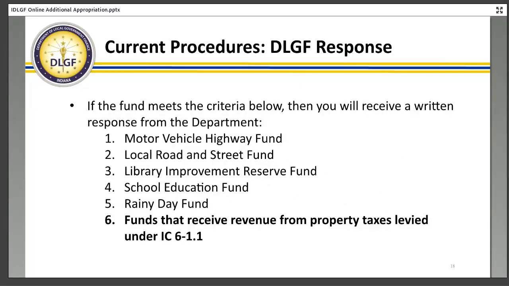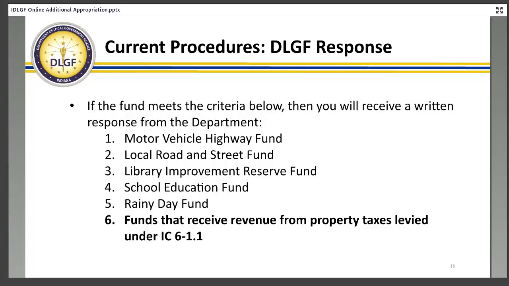And so we mentioned before that we would be looking at the way that the department treats funds 3 times. Earlier we looked at it from where you can find the appropriation. On number 2, we're going to look at it in terms of how the department determines how to respond to an additional appropriation. And so if your fund meets the criteria below, it is likely a DLGF certified fund.